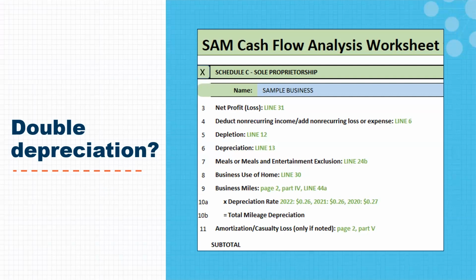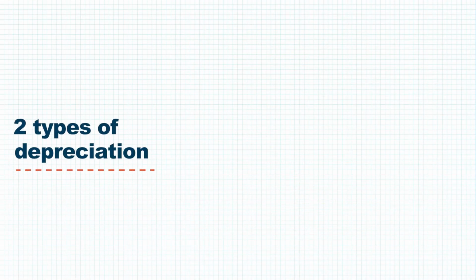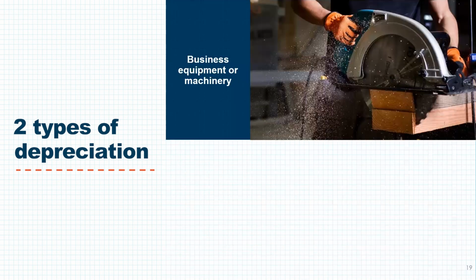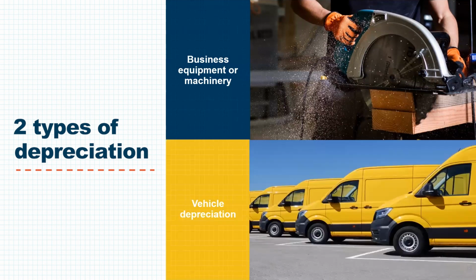There is depreciation found on line 13 of Schedule C, and there is mileage depreciation noted as well. This is because there are 2 types of depreciation that we can consider. There is depreciation of business equipment or machinery, and then there is vehicle depreciation. We will discuss vehicle mileage depreciation in detail in an upcoming video.